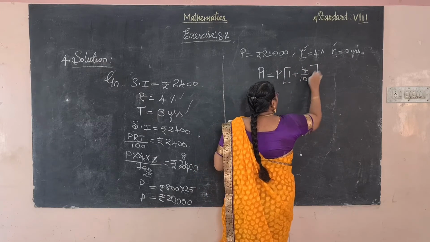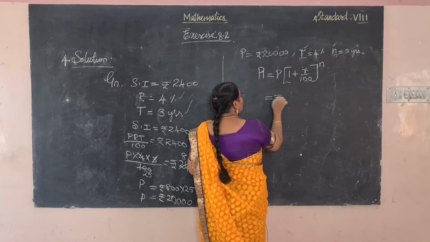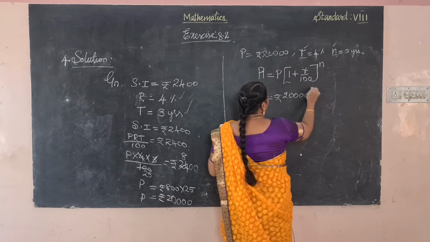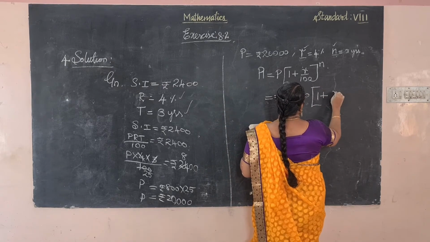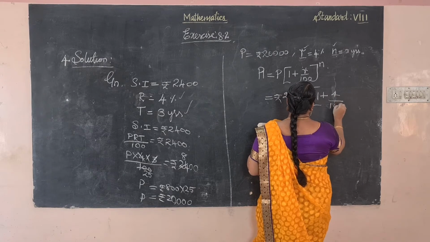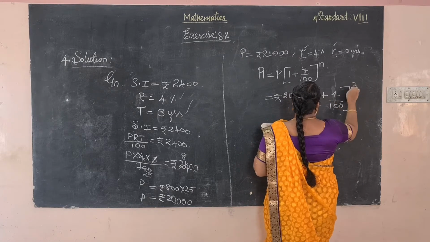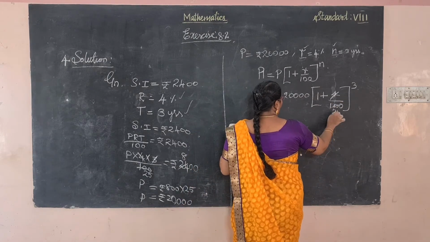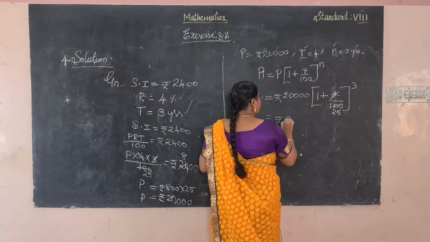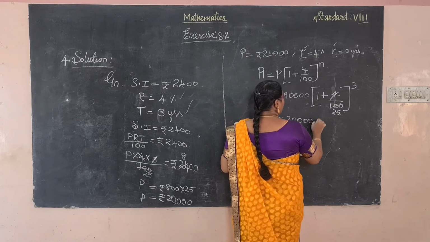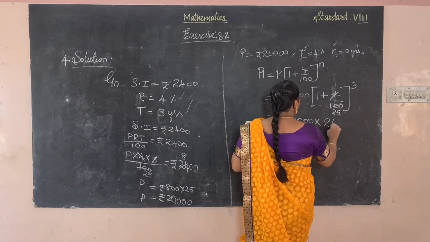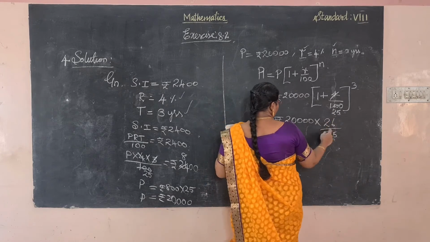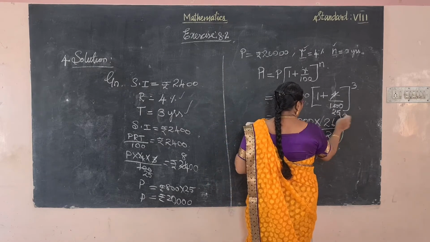So rupees 20,000 into 1 plus r value which is 4 by 100, the whole power 3. 25, so rupees 20,000 into 26 by 25, because 25 ones are 25 plus 1 is 26. 26 by 25, the whole power 3.